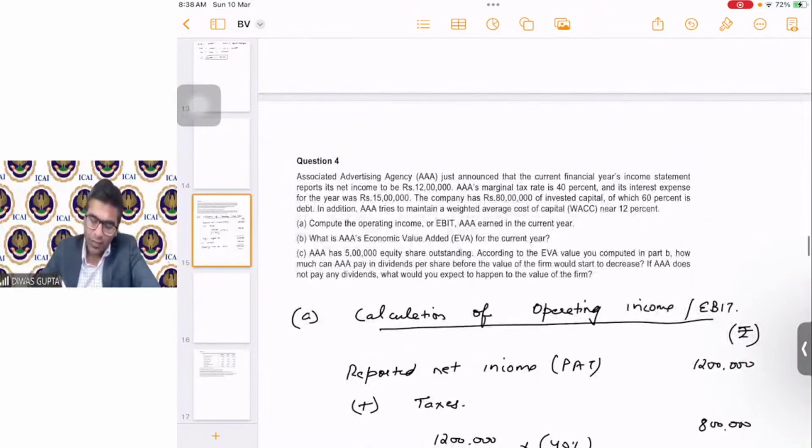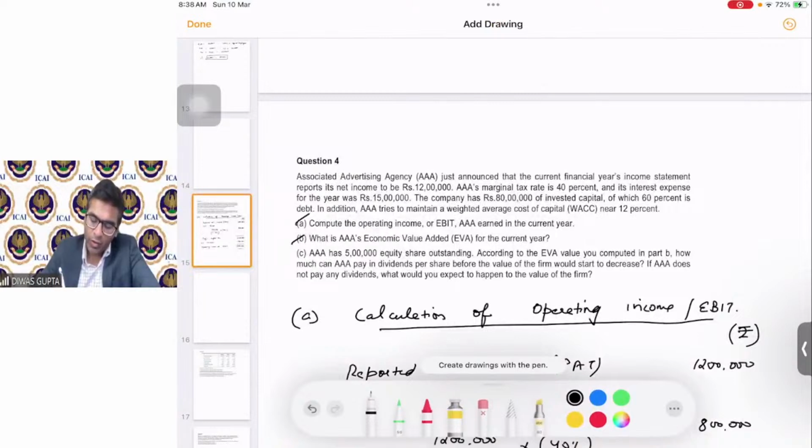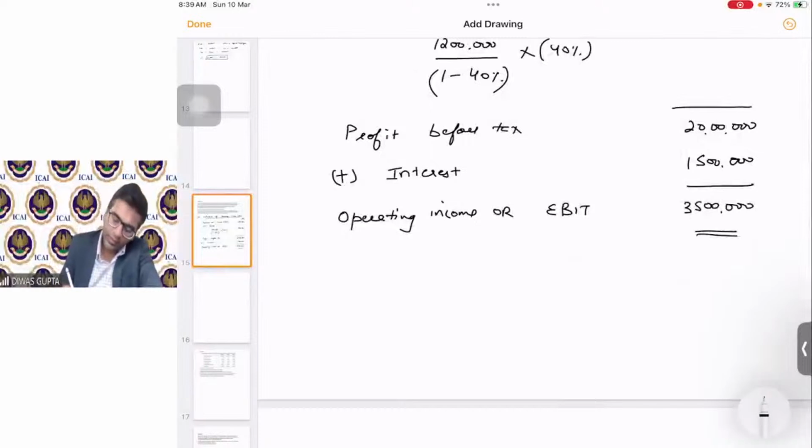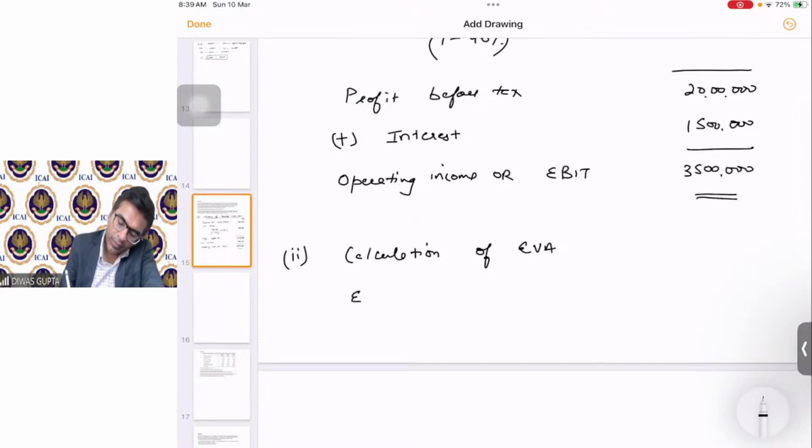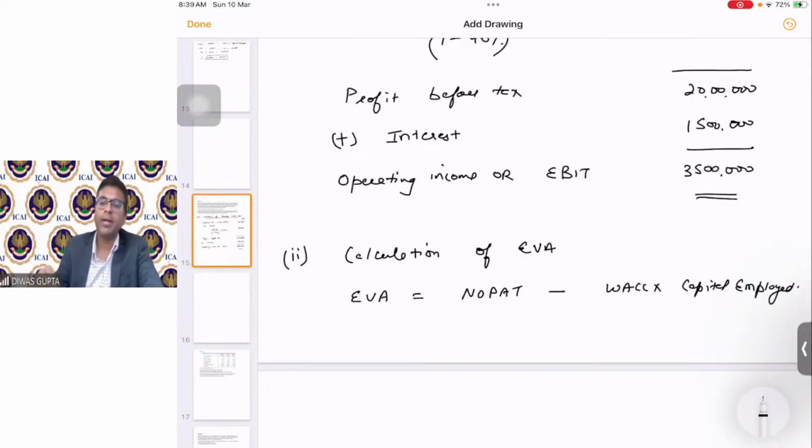B part. What is AAA's economic value added for the current year, which is EVA? This is also easy. Calculation of economic value added. So EVA is equal to NOPAT minus WACC into capital employed.